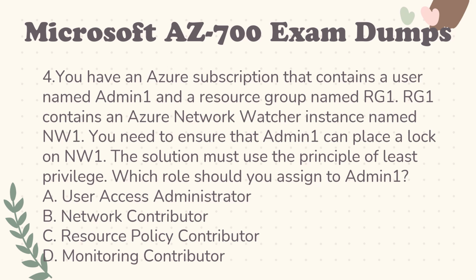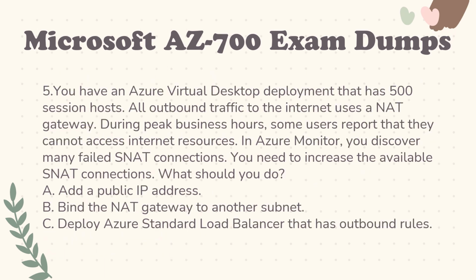5. You have an Azure Virtual Desktop deployment that has 500 session hosts. All outbound traffic to the Internet uses a NAT gateway. During peak business hours, some users report that they cannot access Internet resources. In Azure Monitor, you discover many failed SNAT connections.